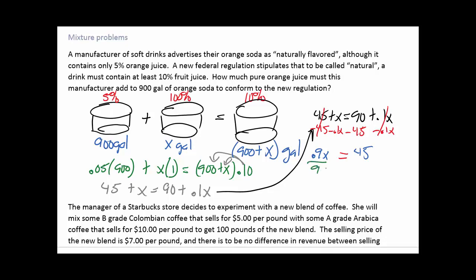So then from here, I just want to divide by 0.9. And again, go to the calculator, and I get x is 50. So if they add 50 gallons of the pure stuff to the 5% stuff, that will be enough to raise the standard to 10%.